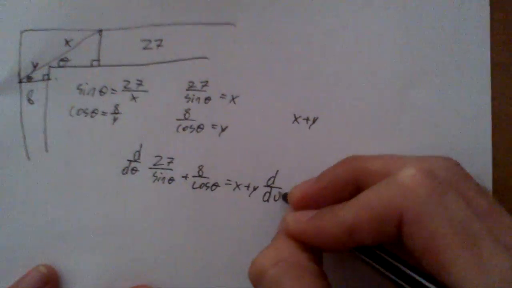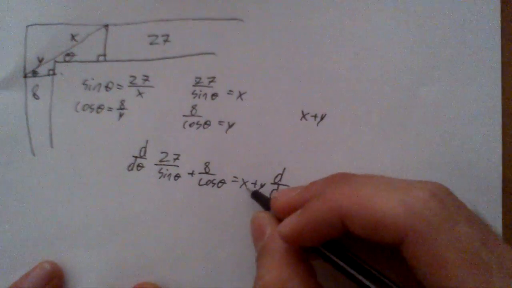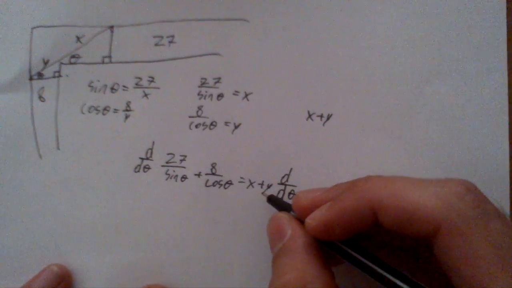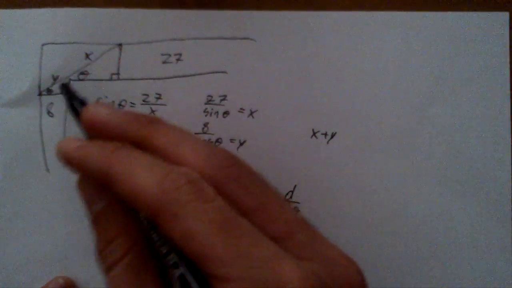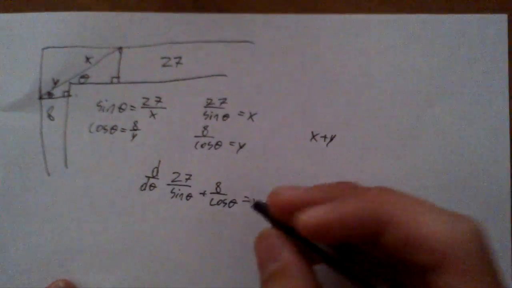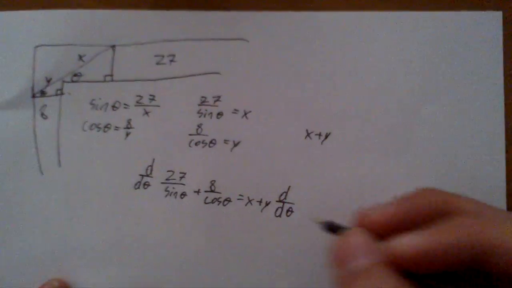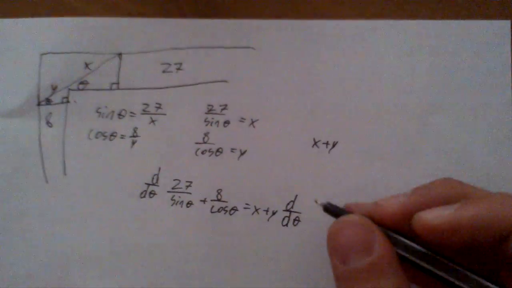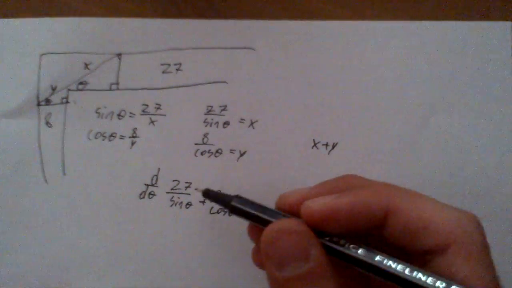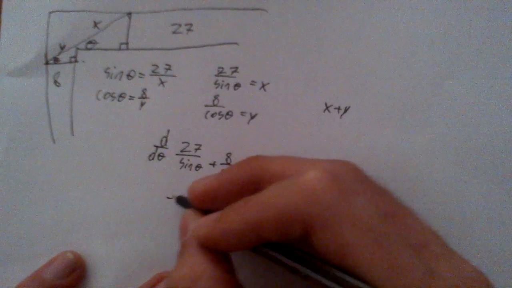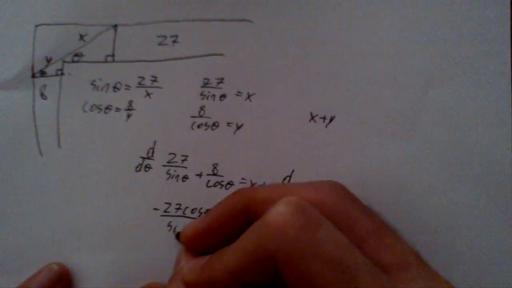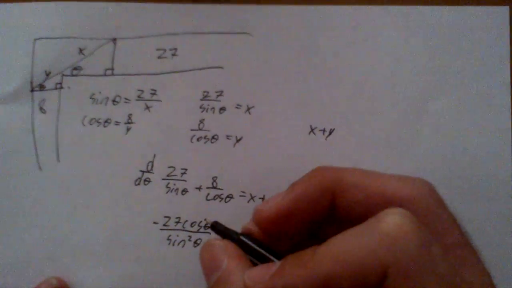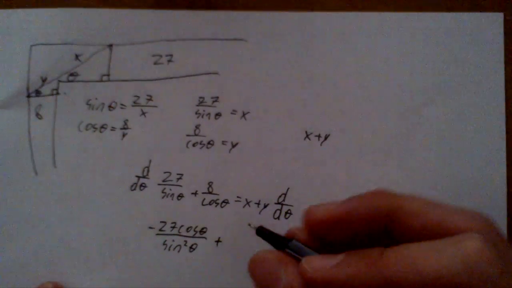Now, even though this is x and y and this is an unknown, it's doable just because x plus y together gives you a number, a constant. I could call this, for example, c, right? And that's why we can do this, because if we take the derivative of this, we would get negative 27 cosine of theta over sine squared of theta, just doing quotient rule.